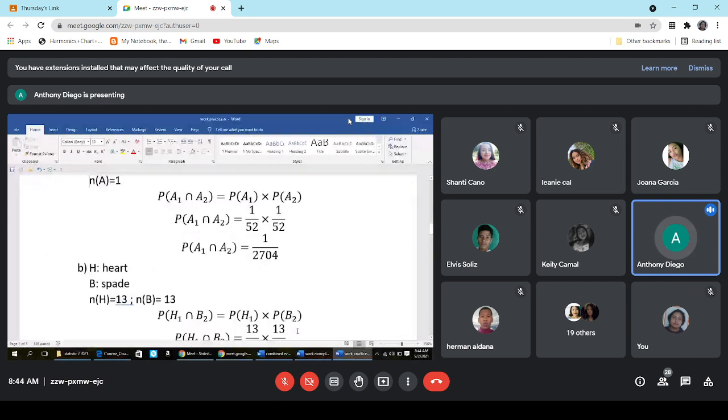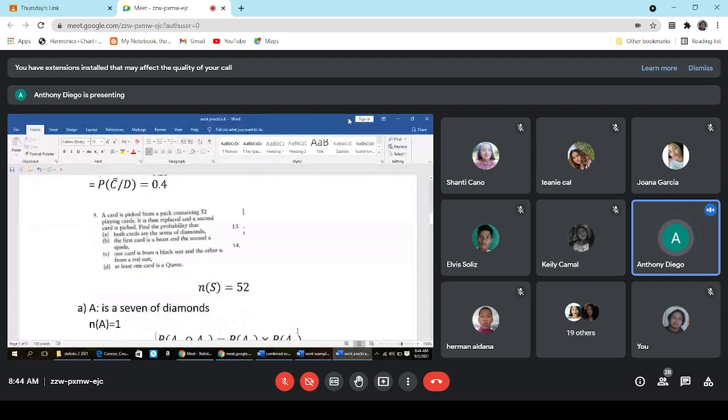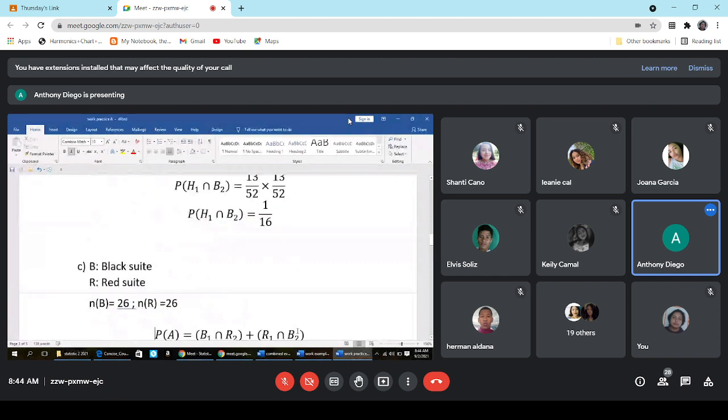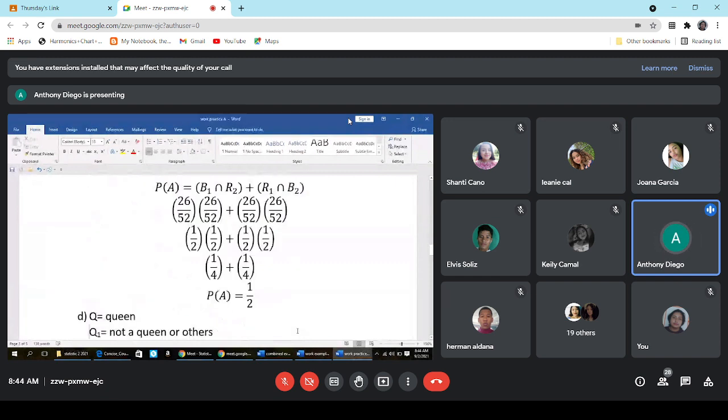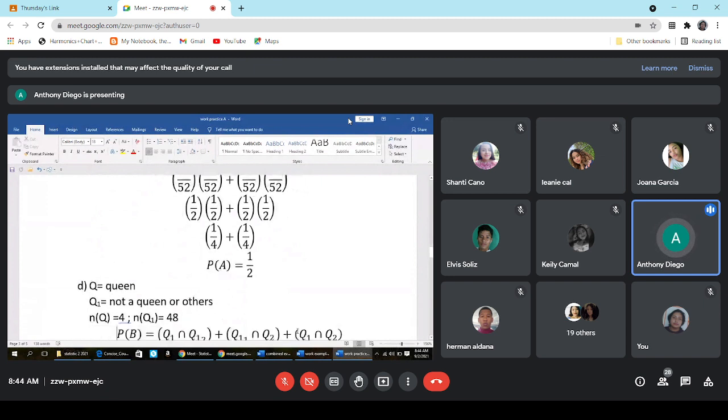Or at least one card is a queen. Meaning then that you could have a queen and a queen as well. At least means one or more. So we have Q being a queen and Q sub 1, not a queen. So 4 and we have 48.